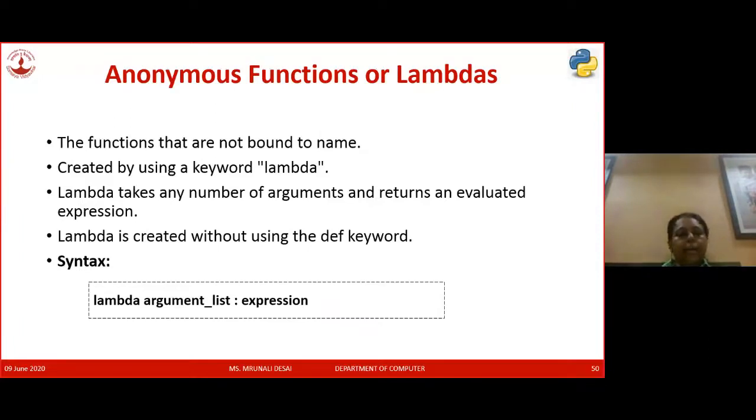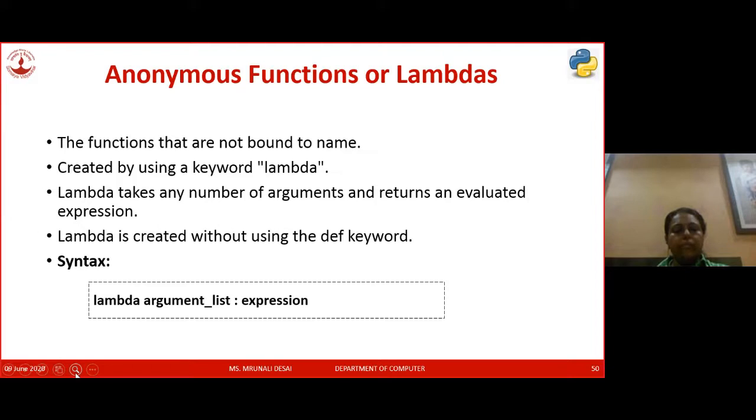If you write the first word as lambda, then the system will understand that this is an anonymous function. It can also take any number of arguments and return an evaluated expression. It is created without using the def keyword. You don't require to write the def keyword for this function.